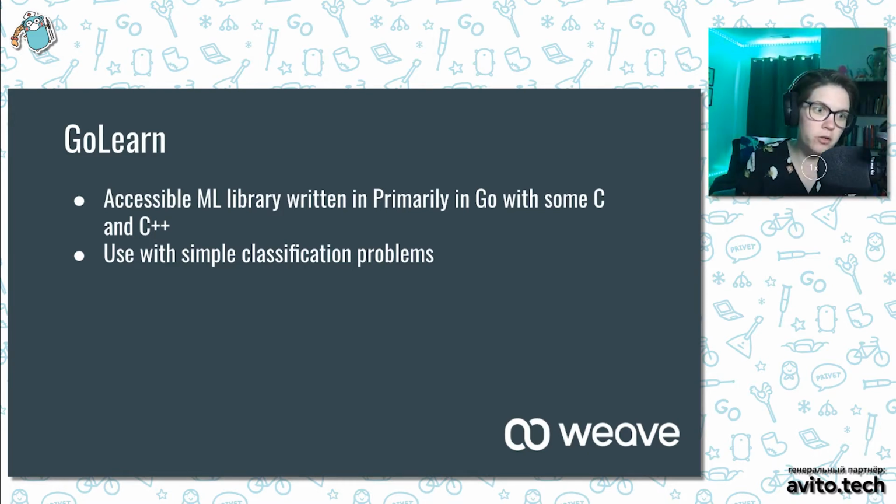A lot of the models are written in C itself, or C++, but everything you interact with is a Go interface. And it's used for all of your basic classification problems. So that's what I'm going to be using today. Nothing too complicated. And like I said, one of the many, many tools you can use.